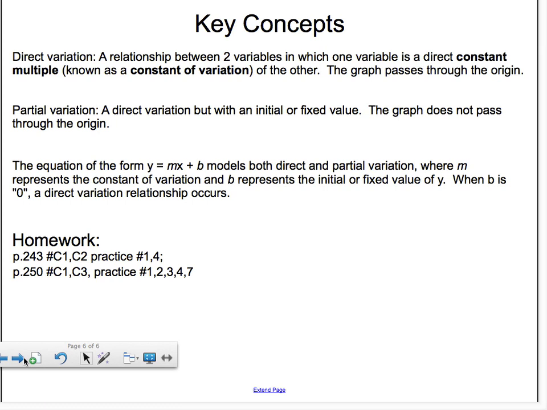The other thing that I introduced was a partial variation. It's the same as a direct variation, but there's an initial or fixed value. So in this case, the graph does not pass through the origin.